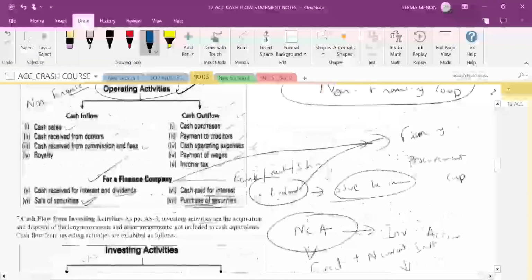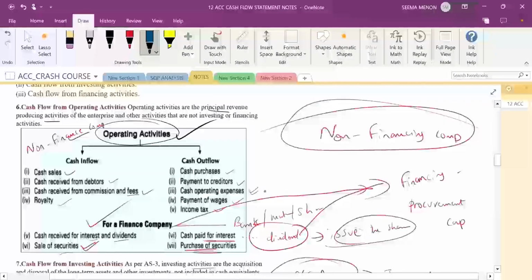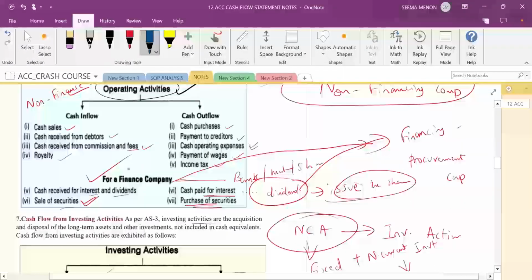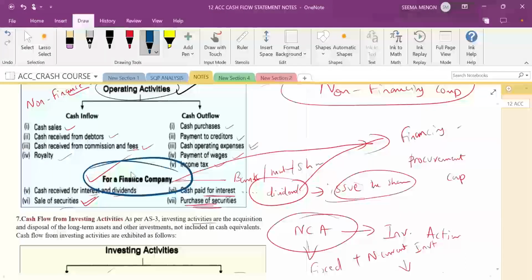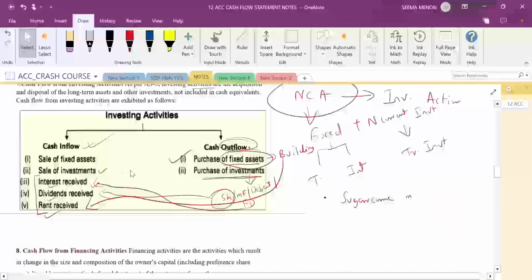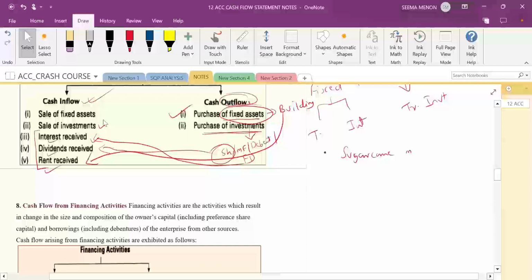I hope there is no doubt. So we are discussing the various activities of the cash flow statement. Operating: while we discuss operating for the theory part, there should be a good understanding of a non-financing company, what its income and expenses are. Then we are moving ahead with the investing activity. I hope this one is also clear.